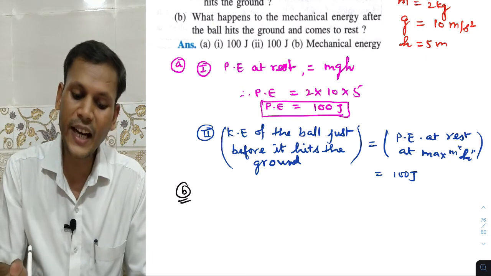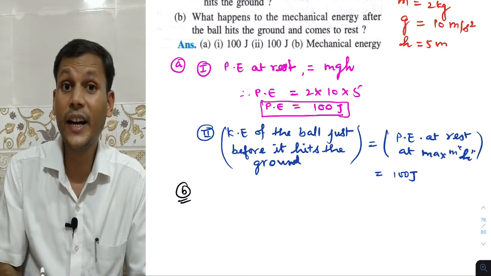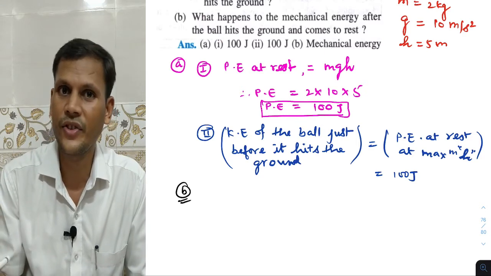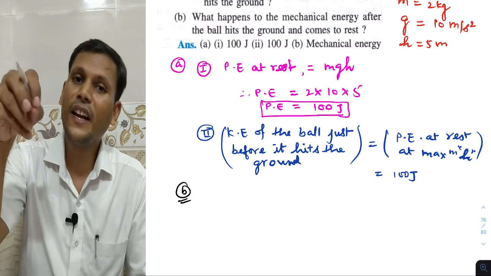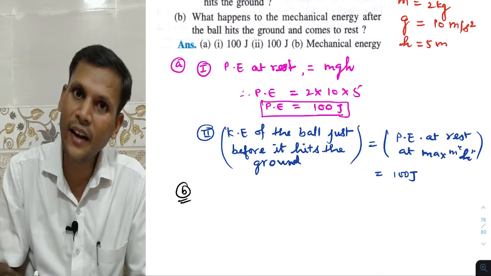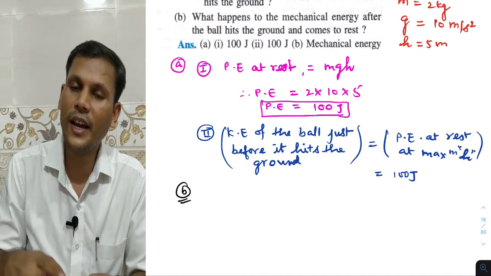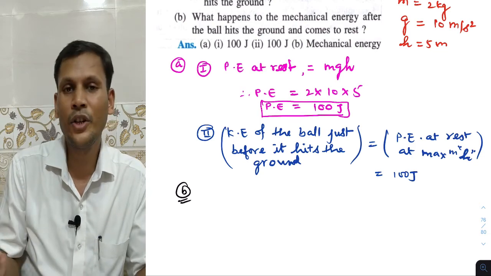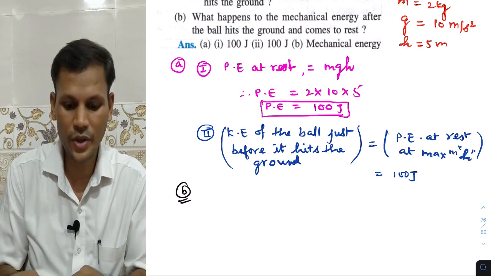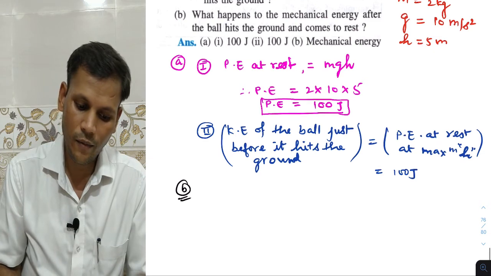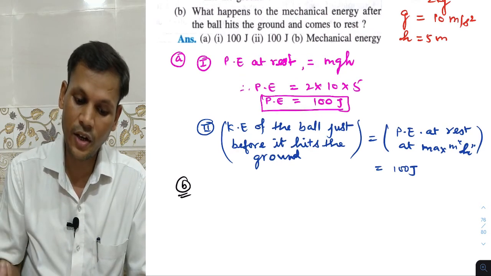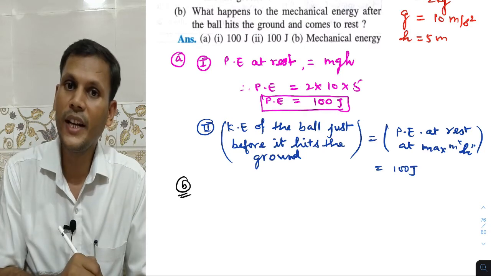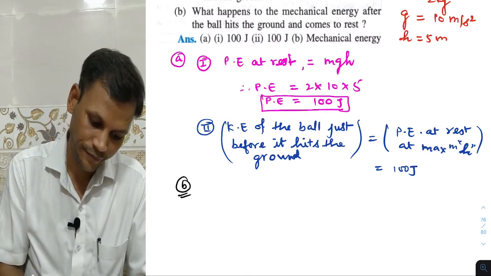So mechanical energy is converted to heat energy and sound energy, because if any ball is falling from certain height, as it will strike with the surface, some sound will produce, as well as due to collision heat will produce. So mechanical energy changes to sound energy and heat energy.